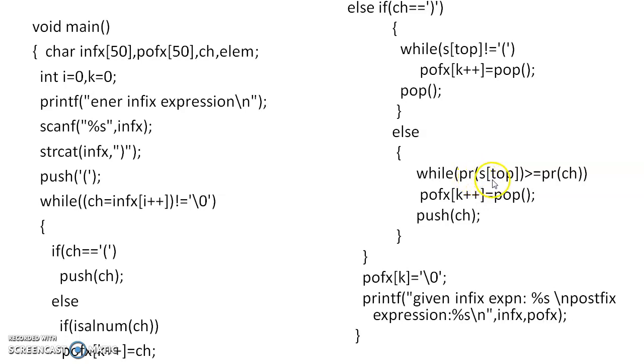If the top of the stack priority is more than this particular thing, I am popping the operator and placing it in the postfix expression. This will be done until our character priority is less than or equivalent to that particular S of top. If our priority is more, we are going to add that one. And I am pushing that particular character onto the stack at the end.